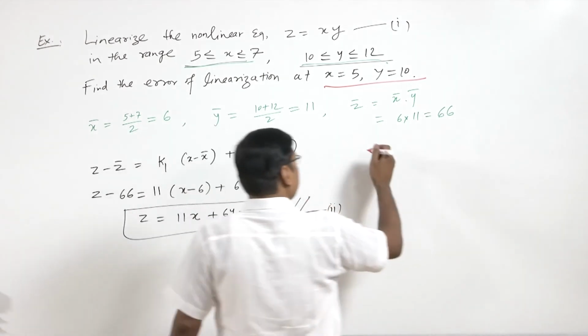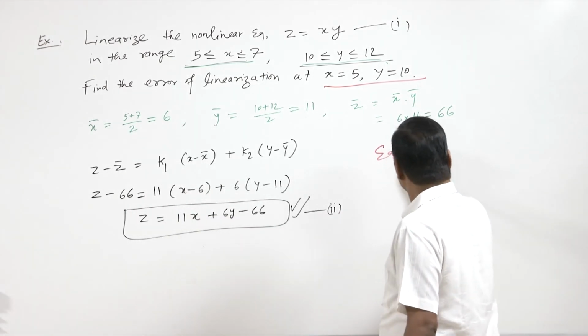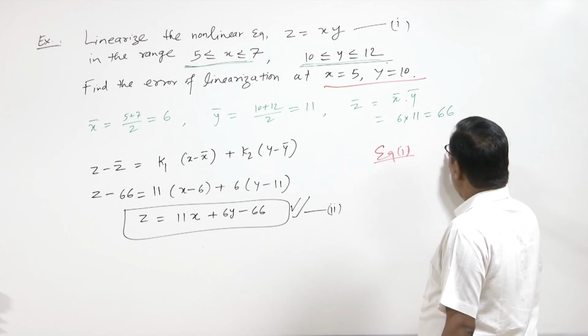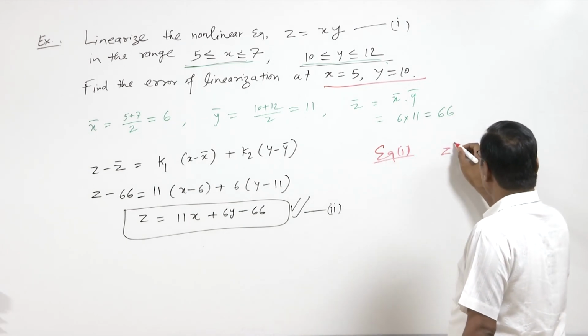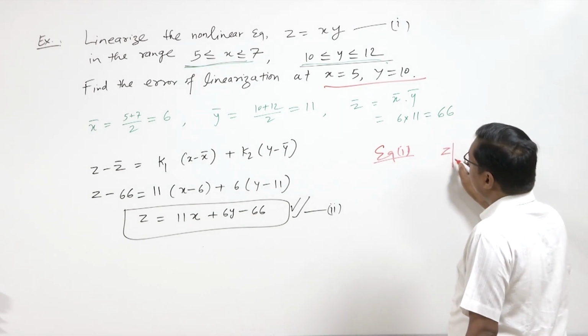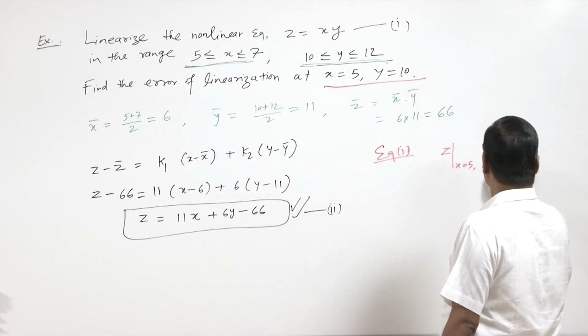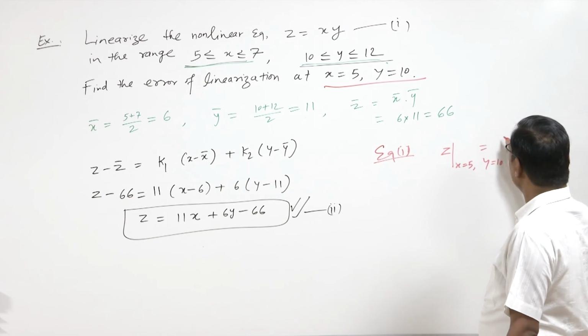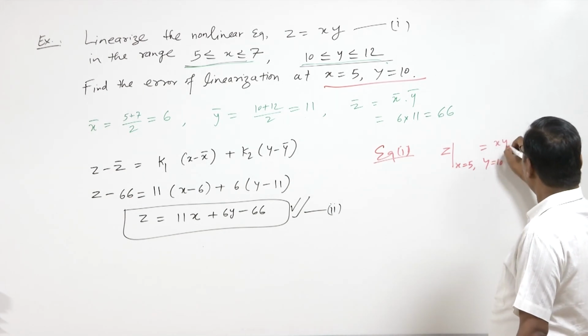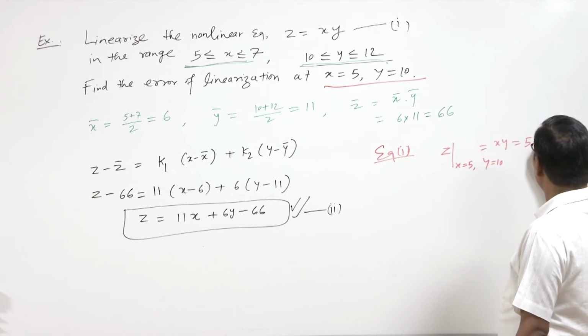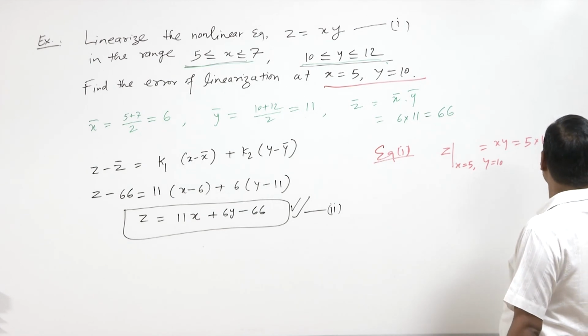From equation 1, we get z at x equal to 5 and y equal to 10, that is equal to x into y. So, x is 5 and y is 10, so we are getting 50.